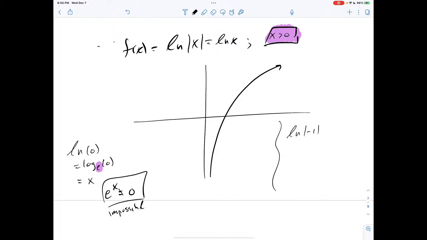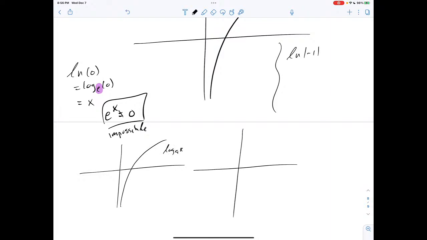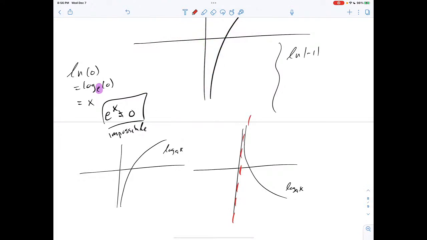That's why, when we graphed our logarithmic functions, they always had a vertical asymptote at 0. Whether I'm graphing log a of x or a decay one, either of our logarithmic functions always has a vertical asymptote at 0.